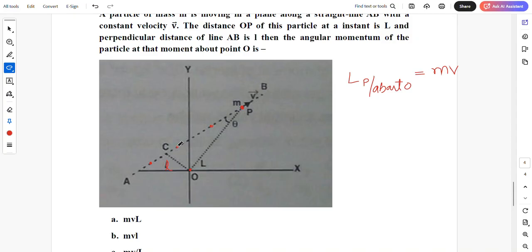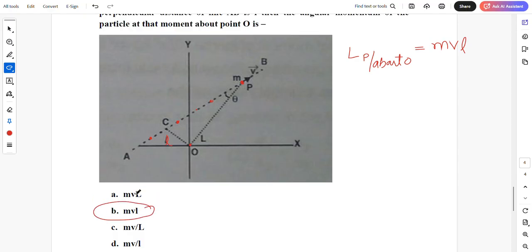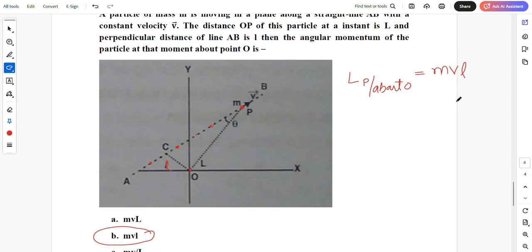Whether the particle is here or here, wherever it is, the perpendicular distance is the same. So the correct answer is M into V into small l. We know the formula for angular momentum is M into V into L, where L is the perpendicular distance from point O to the line along which the particle is moving, AB.